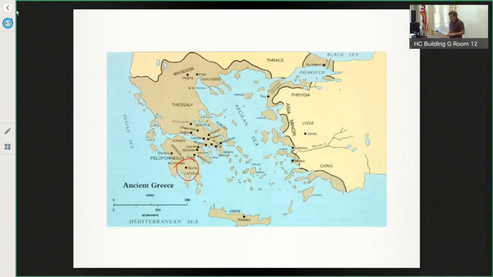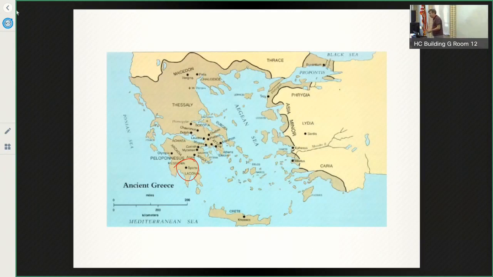Every Spartan man, citizen, is a soldier. That's what the Spartan men do. They are soldiers, period. Slaves do everything else, and women. At age 7, you are taken away from your family and raised in military barracks and trained entirely for warfare.